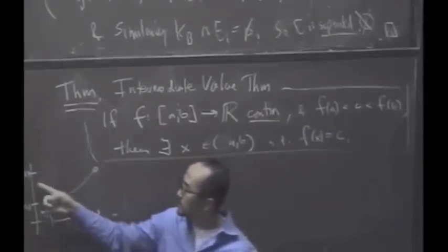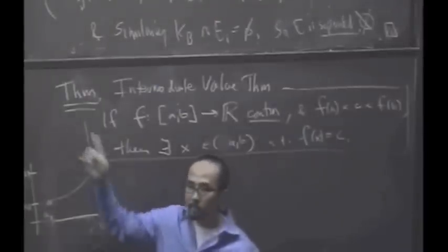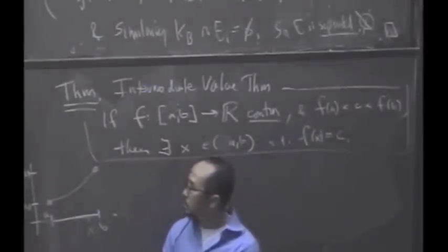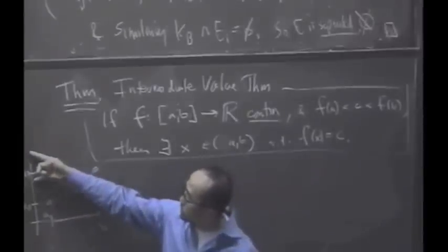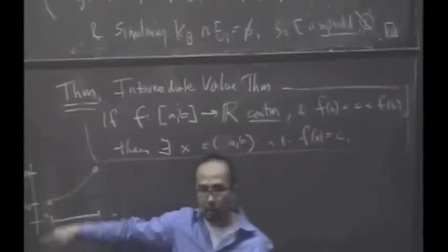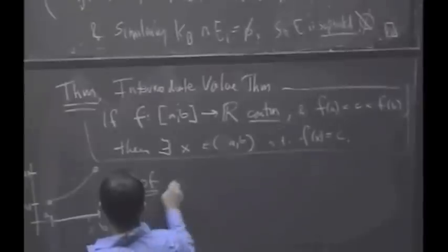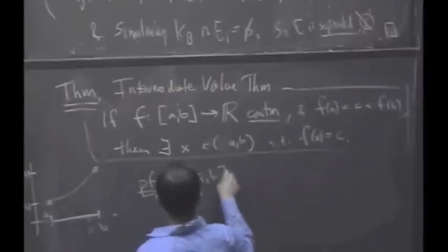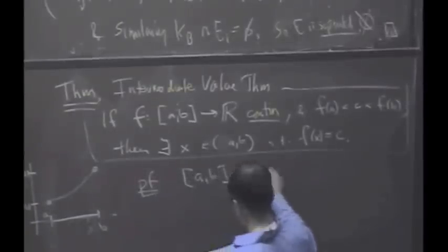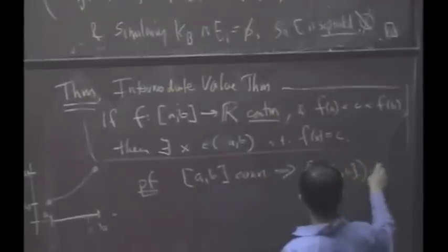In fact, you could disconnect it using the part below C and the part above C. I claim that's a disconnection because the closure of a part above C can at most contain C. It can't intersect the other part, and vice versa. So the proof is noticing that f([a,b]) is connected implies the image is connected.